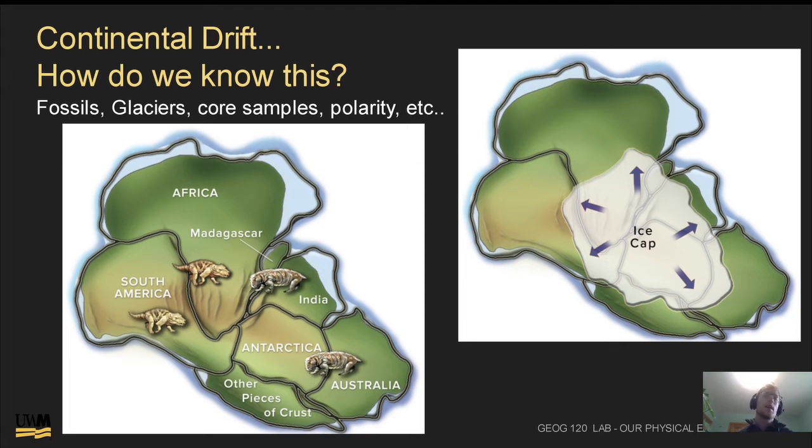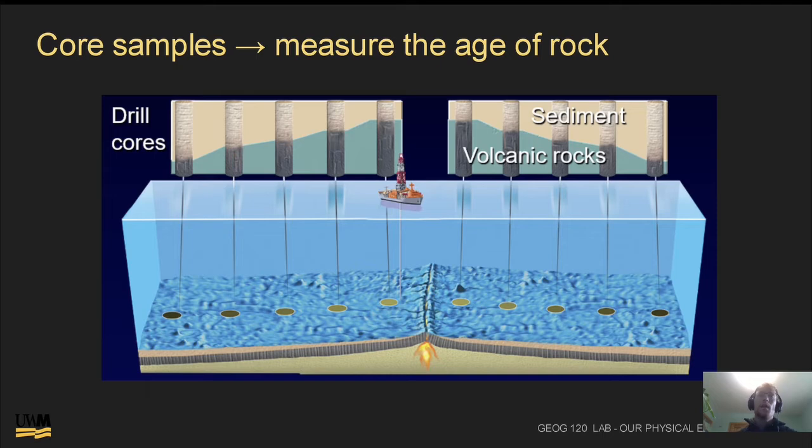There are also rock and core samples. There's polarity of magnetic rocks that you can look at too that also supports this. So it's very well understood at this point. These core samples, basically, if you were to go underneath the ocean, there are these oceanic trenches where tectonic plates are moving apart from each other.